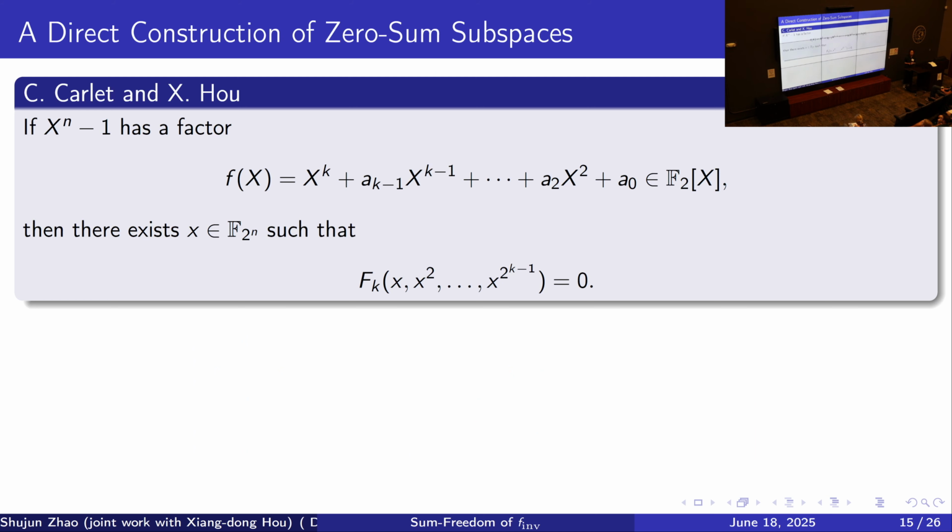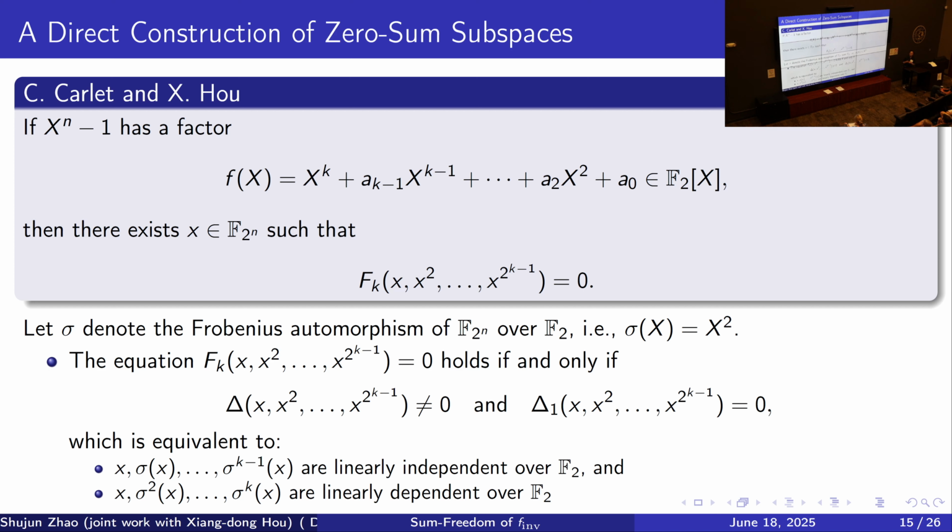Okay, so apart from those two criteria for zero-sum subspaces, we could also have a direct way to construct such a subspace. As we said before, if the polynomial x^n minus 1 has a factor like fk given here, where the coefficient for x is 0, then we could construct a basis for zero-sum subspaces of dimension k, using all the conjugates of x for some x in the finite field F_2^n.